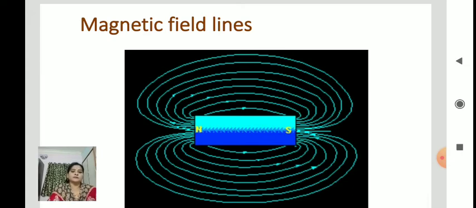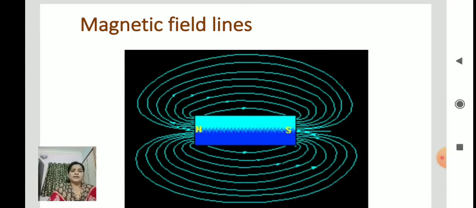Those are electric lines of force, which start from a positive charge and end at a negative charge, whereas magnetic field lines are continuous closed loops.